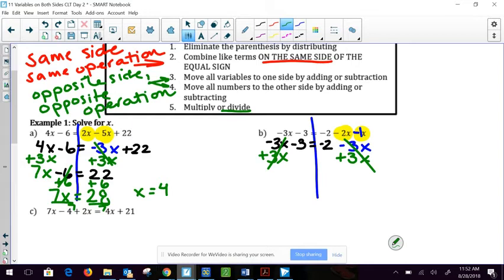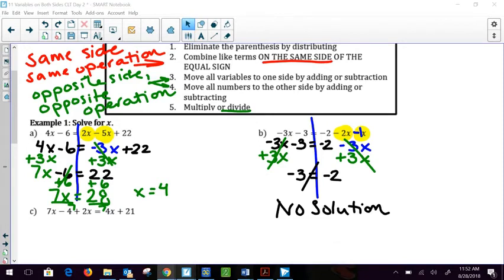So on my left-hand side, I have a negative 3. On the right, I have a negative 2. Is negative 3 the same as negative 2? No, that's not equal. So this one is no solution. I hope this is making a little bit more sense for you all.